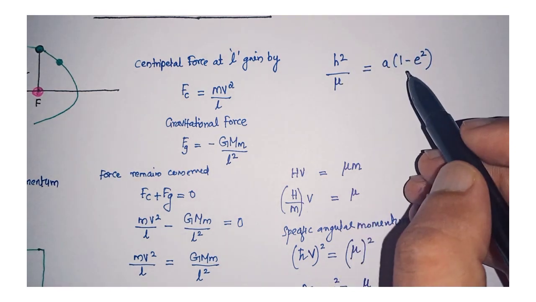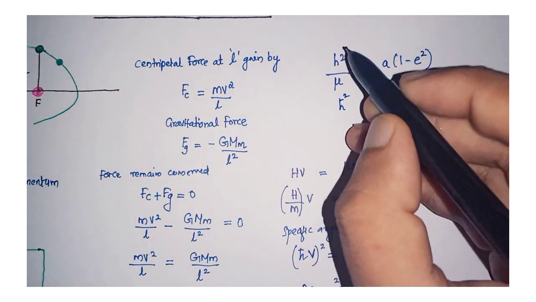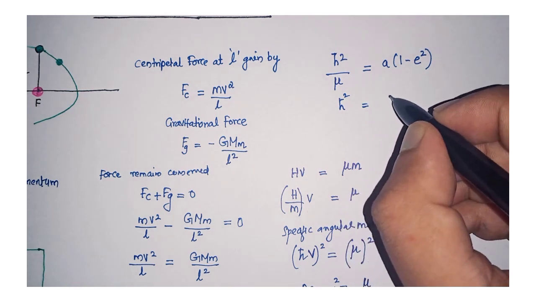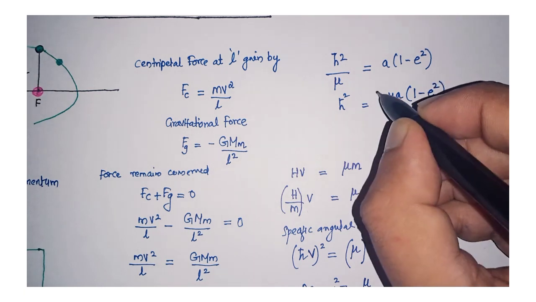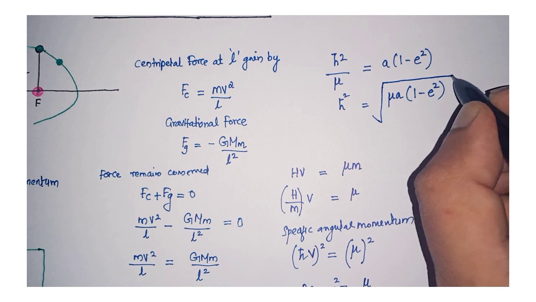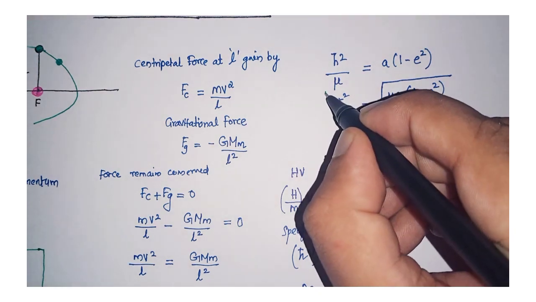Now h square by mu is equal to a into 1 minus e square, and now you go with h cap square. So h cap square is equal to mu times a into 1 minus e square. So plus or minus will be coming, but go with the positive side. So you get root of mu a into 1 minus e square, which is again an important relationship for the specific angular momentum. So that is the one additional inference that we get from this equation.